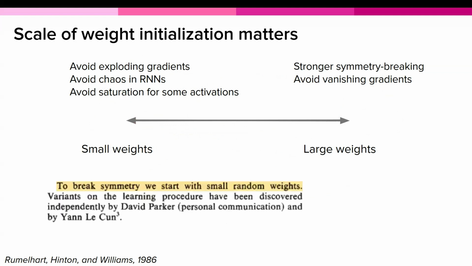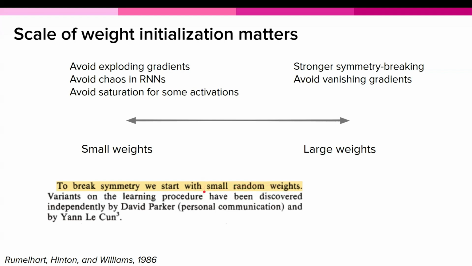And so in a 1986 paper that popularized backpropagation by Rumelhart, Hinton, and Williams, they indicated to start with small random weights. And for quite a long time, this was the best and most precise guidance that the community had.